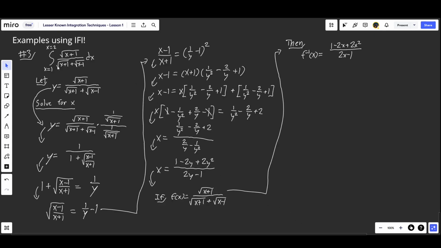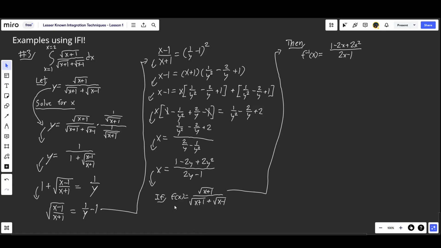We can start taking the inverse of the integrand by setting y equal to it and solving for x. Now, solving for x does take a little bit, but at the end, we receive that it's equal to a rational function just like we suspected at the beginning.